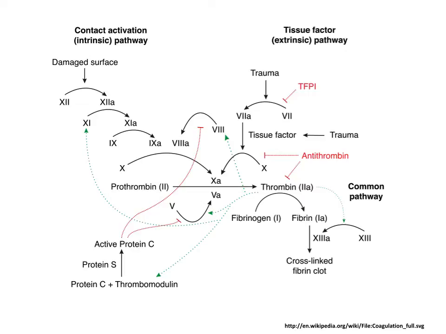The intrinsic pathway: you've got a damaged surface here, right? For our purposes right now, you need to know a series of steps occur, right? A series of zymogens are activated that result in the activation of factor 10, 10A. 10A is involved in converting prothrombin to thrombin, which then cleaves fibrinogen to fibrin.